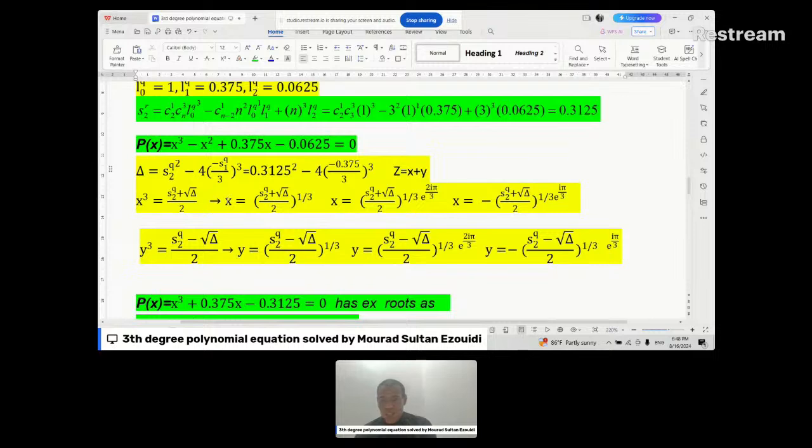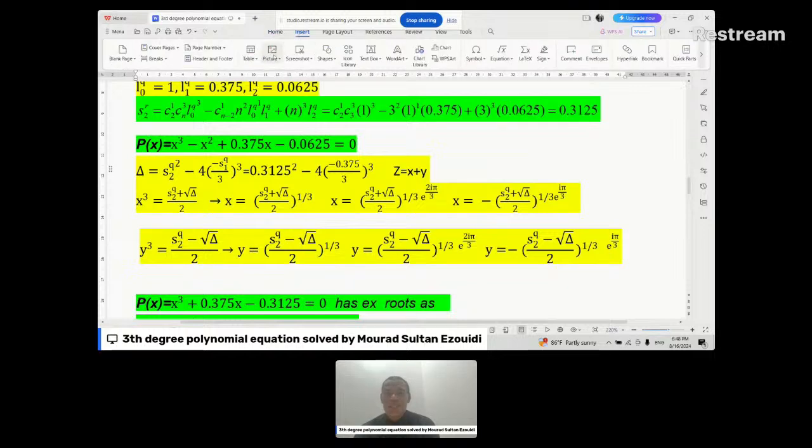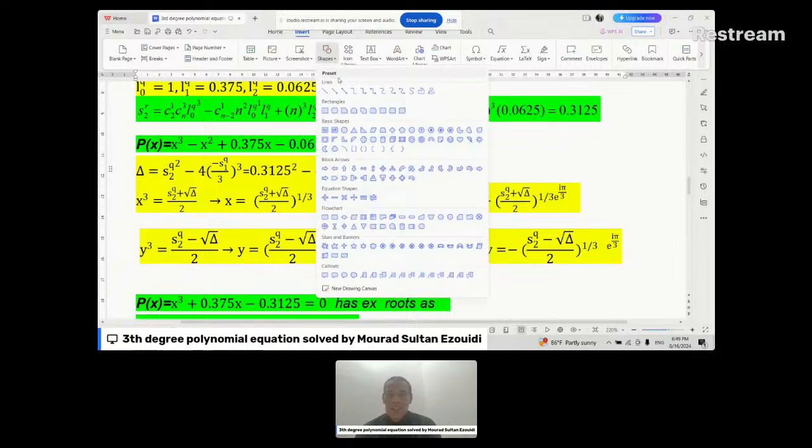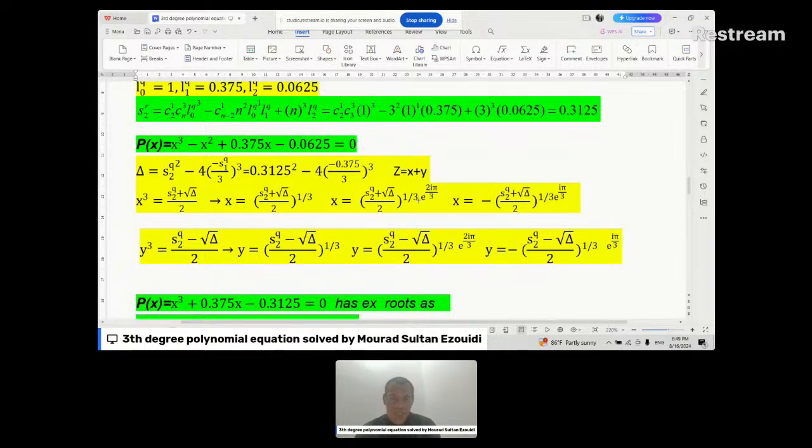The first value is x plus y, meaning the cube root of minus q over 2 plus root of delta divided by 2, plus the cube root of minus q over 2 minus root of delta divided by 2. This is x plus y. And for the next roots, you make cross multiplying. I will show you this technique so that we never forget this method.